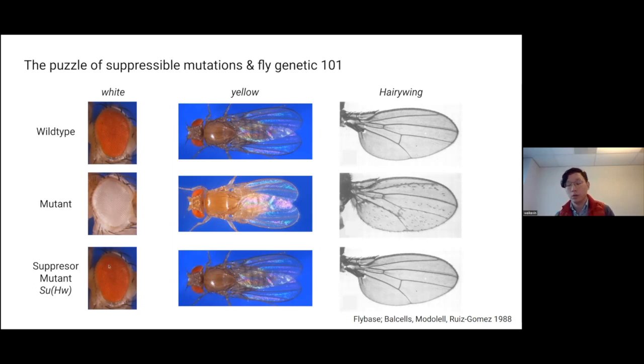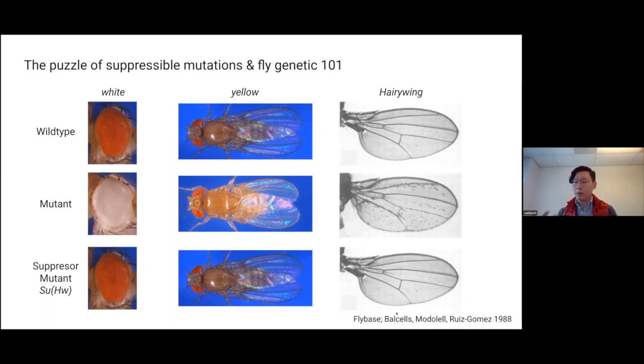So they return to the wild type phenotype, and it's the same for yellow. It goes back to the brownish color, and you lose the hairy wing mutant phenotype when you have this additional mutation in it. So these are known as suppressor mutations, and the name of one such gene causing this type of mutation is suppressor of hairy wing, because it suppresses the hairy wing mutant phenotype.